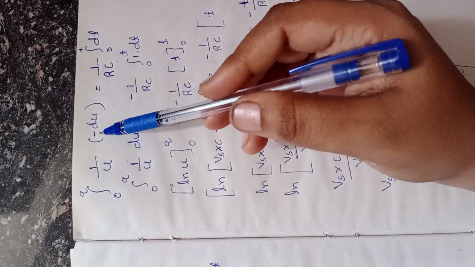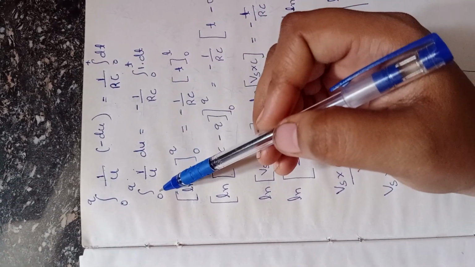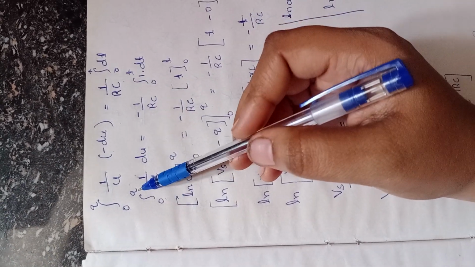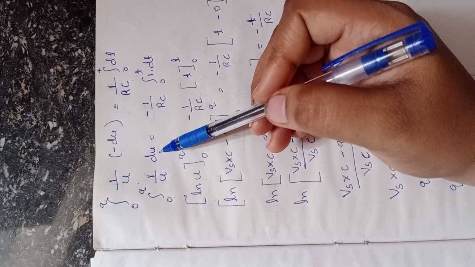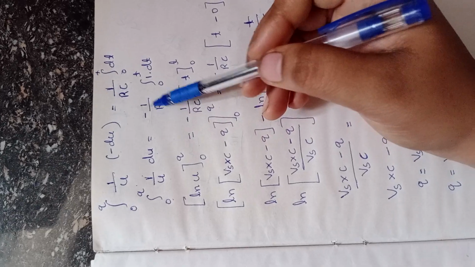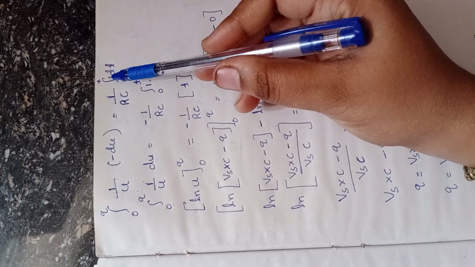I am taking this minus sign into the right hand side. So the equation becomes the integration from 0 to Q of 1 by u du, that is nothing but 1 by RC integration of 1 dt.